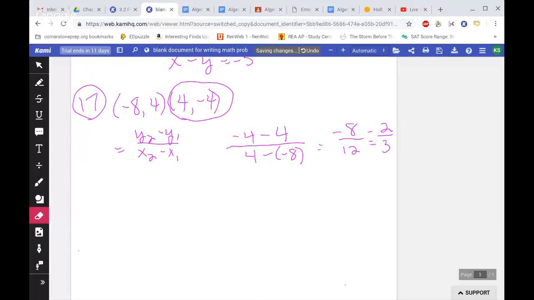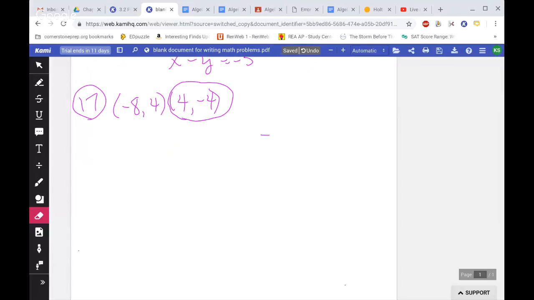On number 17, instead of having -4 over 3, I got -1.3 repeated. Is that because you multiplied by 3 over 2? Oh, I got what you said. I know exactly what you're saying.